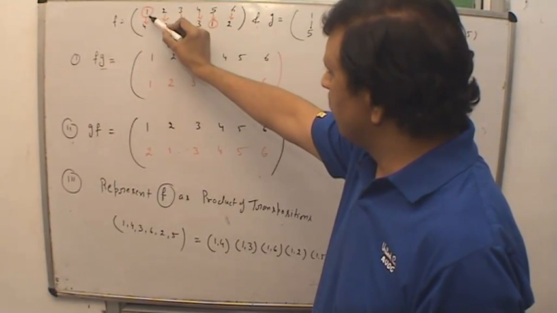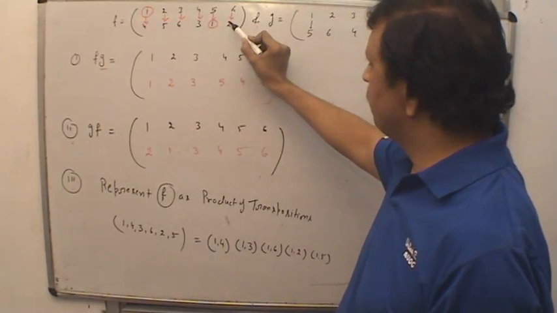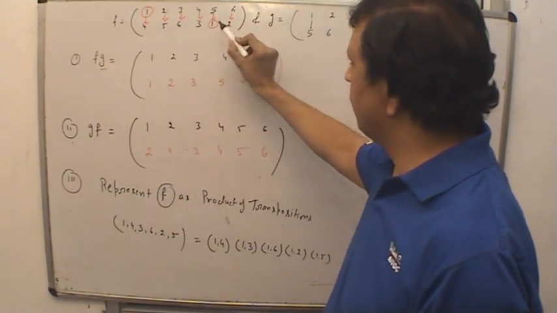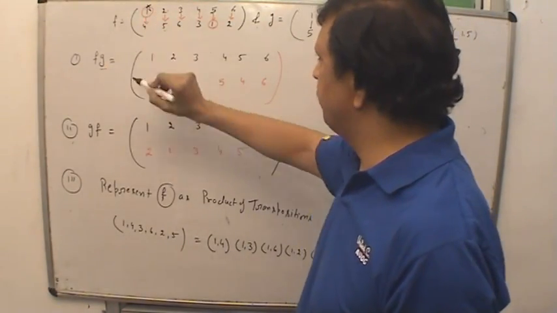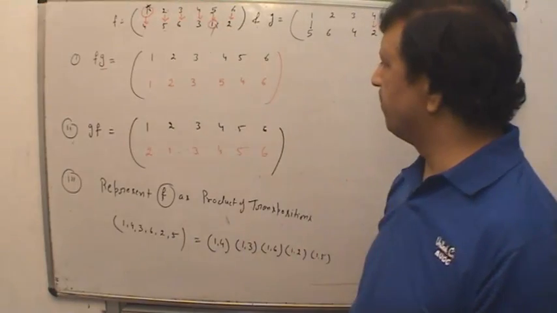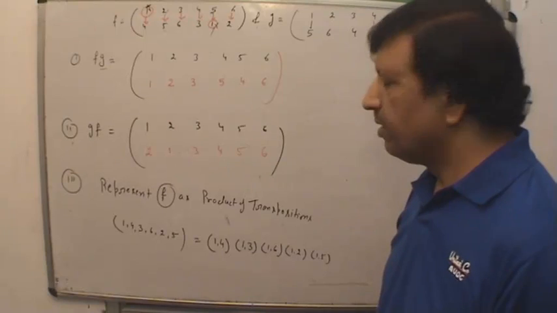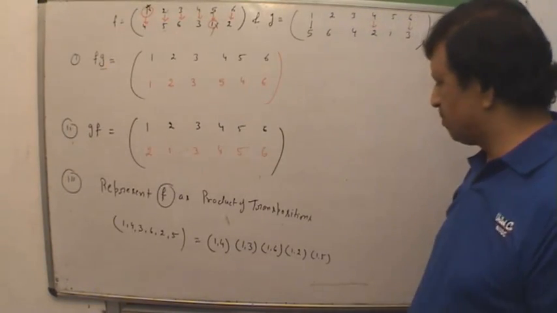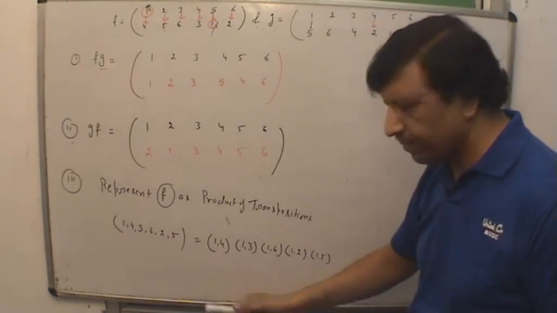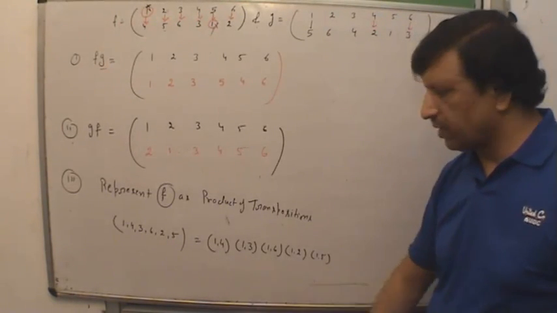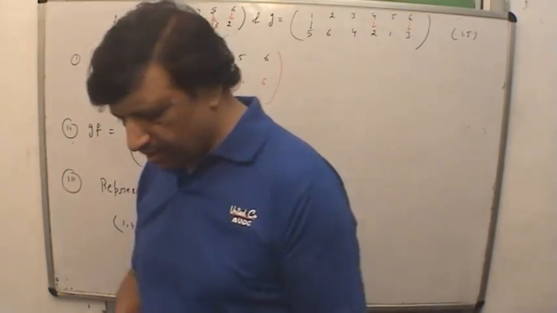We start counting 1, 4, 4, 3, 3, 6, 6, 2, 2, 5, 5, 1 and again we stop because we started from the same number and the terminating number is the same. If we write in this form, that is a product of transpositions. If we count them, 1, 2, 3, 4, 5, 5 is odd, so we say the transpositions are odd. If their count is even, we say the transpositions are even.